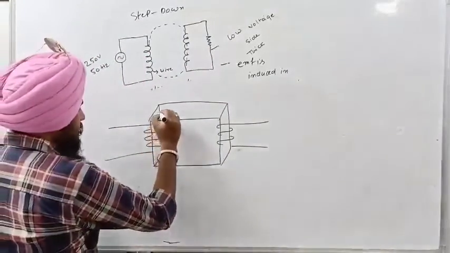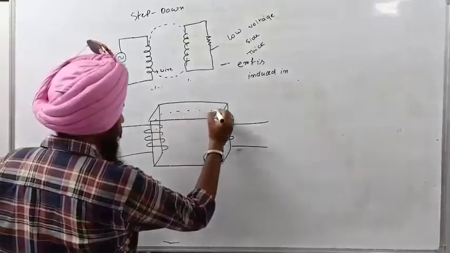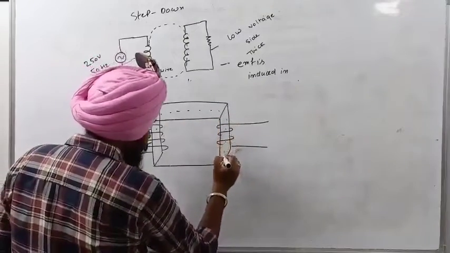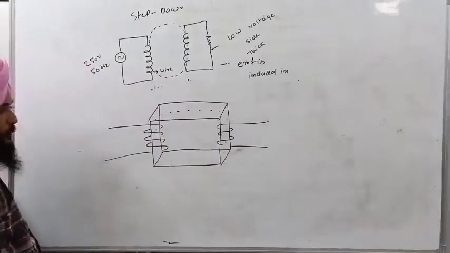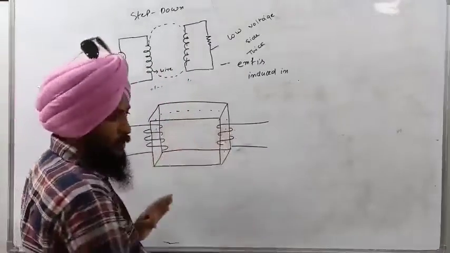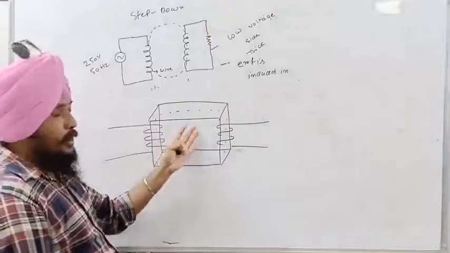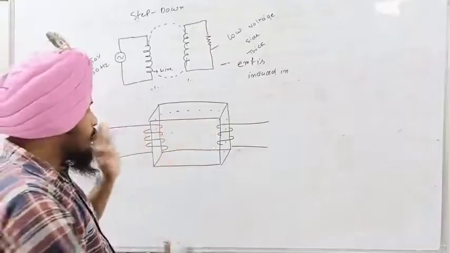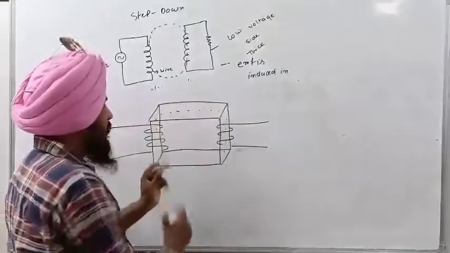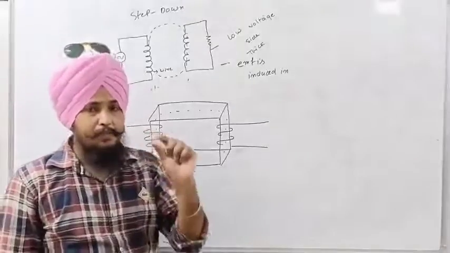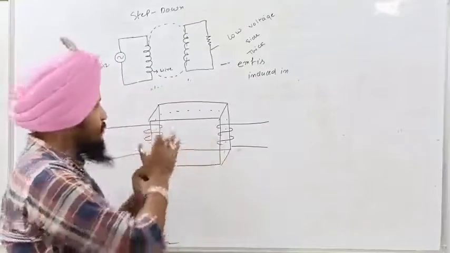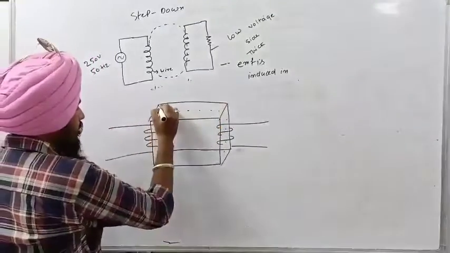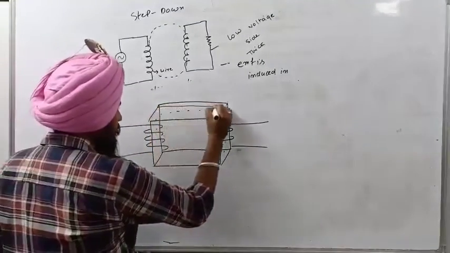The magnetic flux will travel through this iron core and will cut the secondary winding. If it is a solid one, then there will be more eddy current losses. So we part them into small, thin pieces, laminate them, and then join them to make one iron core. It seems like this.